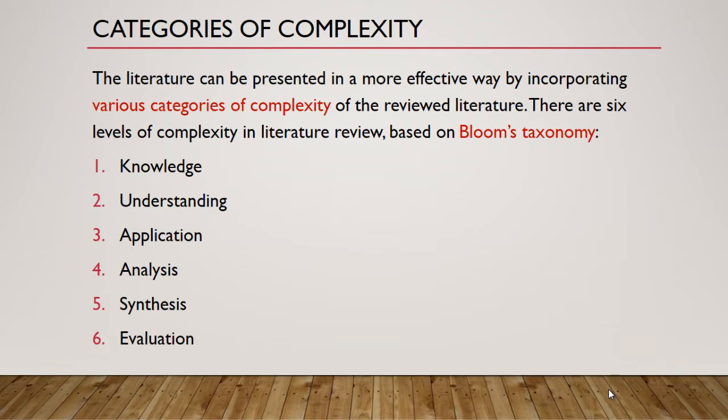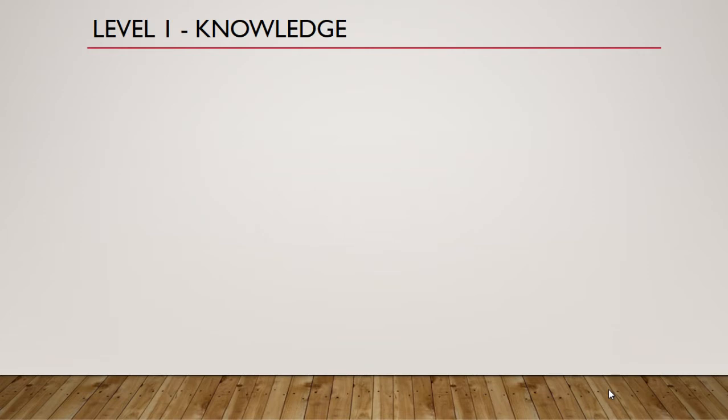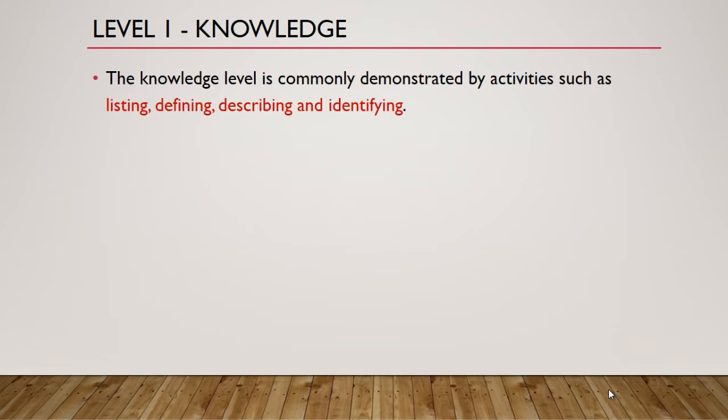So in general, a literature review can be organized roughly based on Bloom's taxonomy. This is what I am proposing to you in this particular course. Let us go to level 1, knowledge.